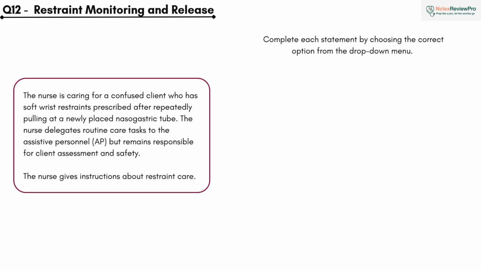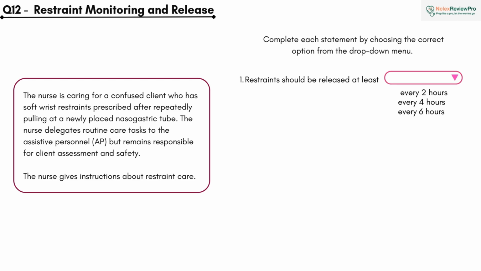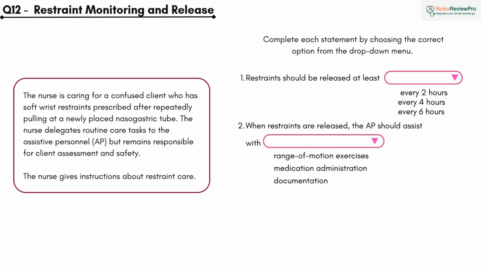You will decide the correct timing for restraint release, the correct activity when restraints are released, the correct assessment distal to the restraint, and the correct place to secure restraint straps. The first statement is, restraints should be released at least every blank. The second statement is, when restraints are released, the AP should assist with blank.